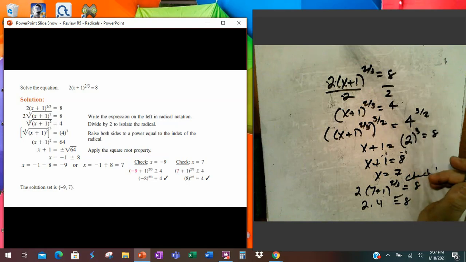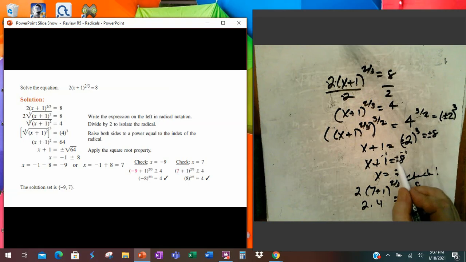So here, when I do the square root of this, this needs to be plus or minus 2 cubed. I had to be careful there. And this is plus or minus 8.